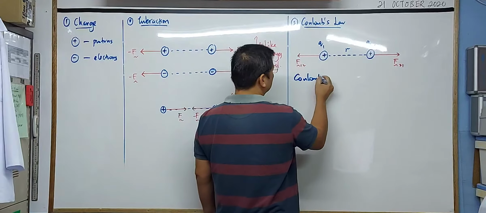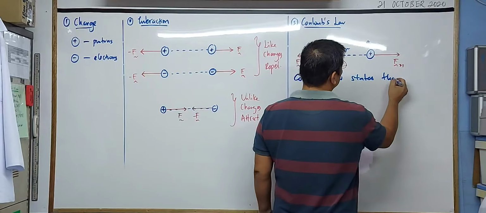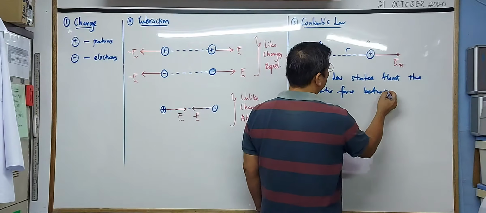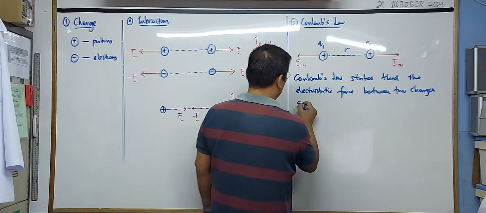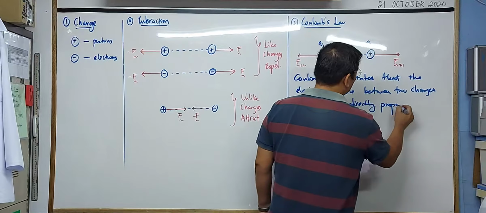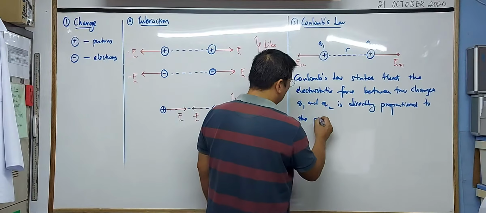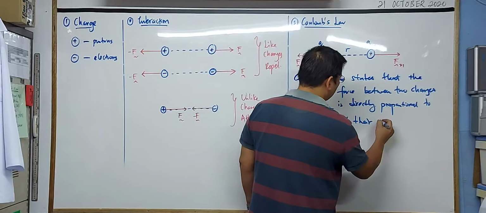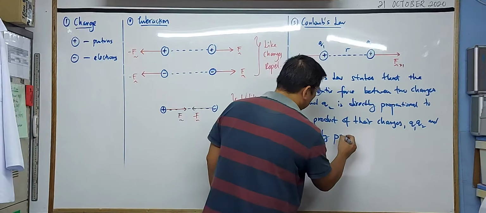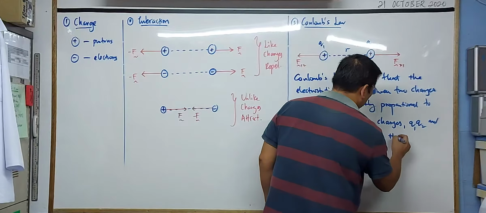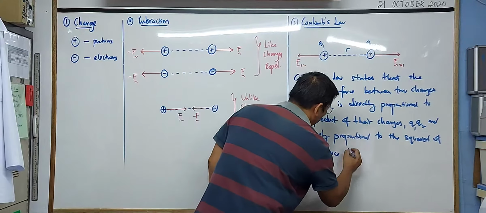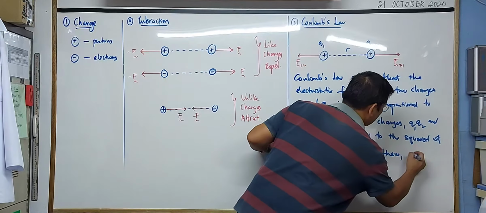So Coulomb's law states that the electrostatic force between two charges Q1 and Q2 is directly proportional to the product of their charges Q1, Q2, and inversely proportional to the square of the distance between them, which is R squared, like that.